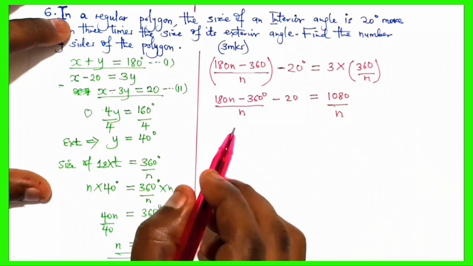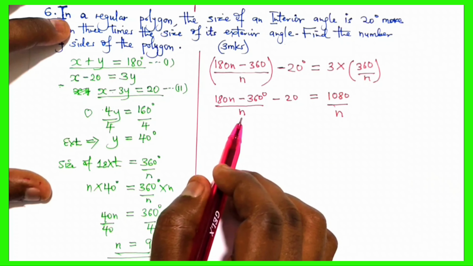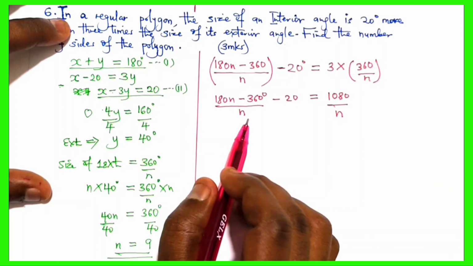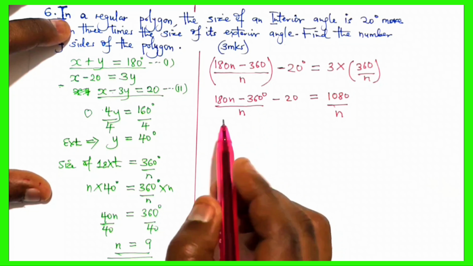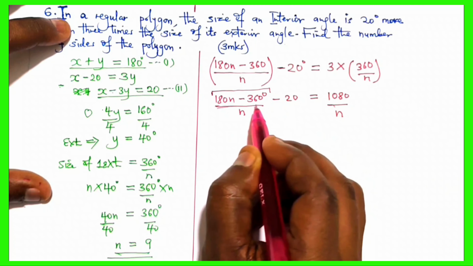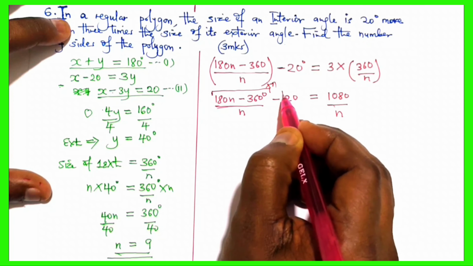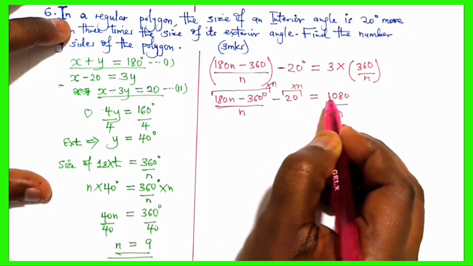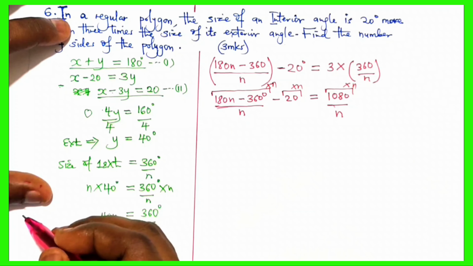And then now I multiply each term by n to get rid of the denominators. And remember, terms are separated by addition, subtraction, or equal sign. So for this case, this will be a term on its own because everything is over n. So I'm going to multiply that one by n. I also multiply this one here by n, and the last term here by n.